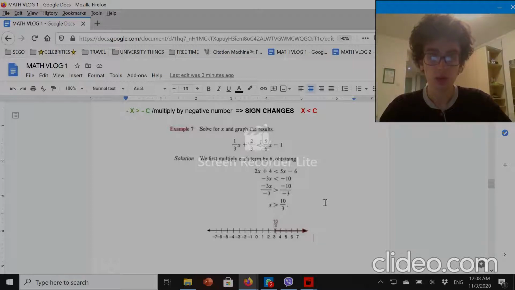And now from what I told you, you can simply divide or multiply by a negative number, so that you actually get rid of the negatives. So in that case, we would just multiply all by negative 1. We would have 3x being greater than 10 in this case, and then we would write that x is greater than 10 over 3.